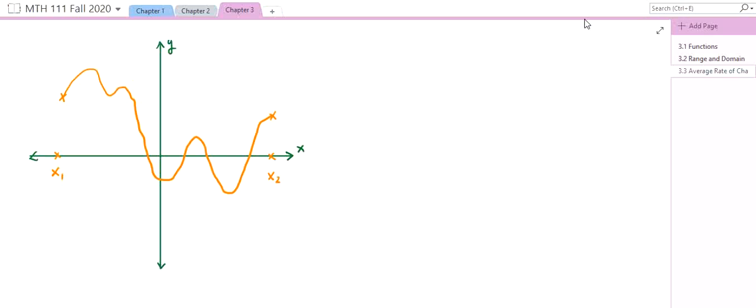Suppose I draw another function with a bunch of hills and valleys like this, and I have an interval x1 to x2 that I'm going to investigate.